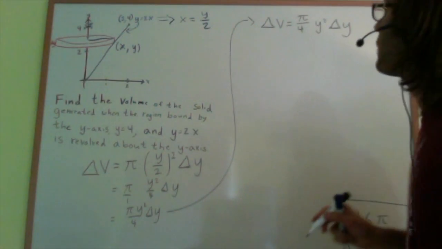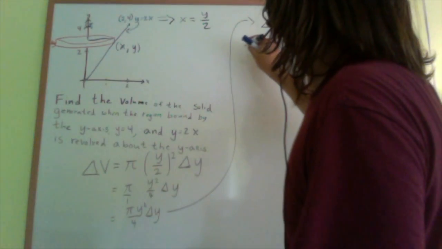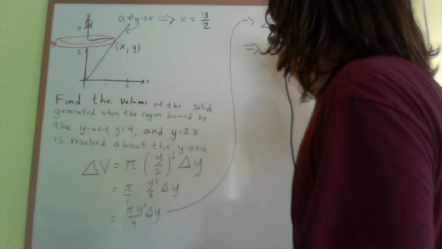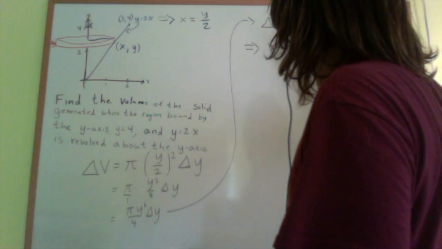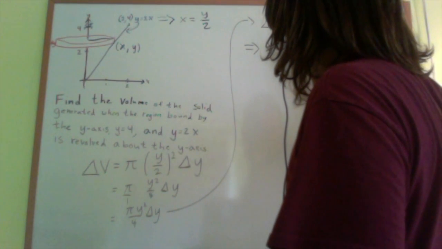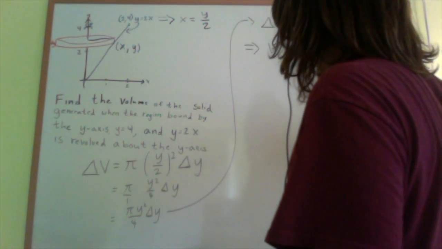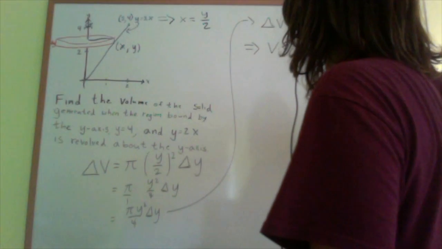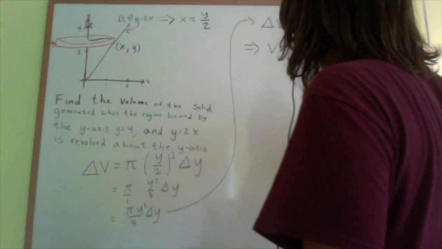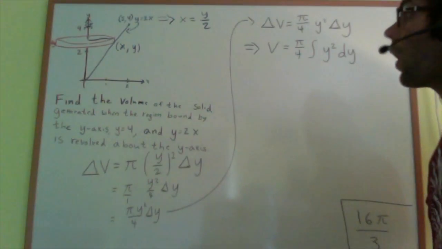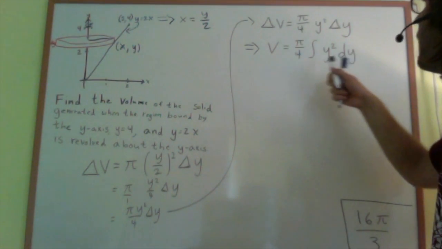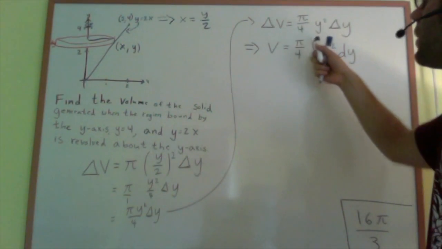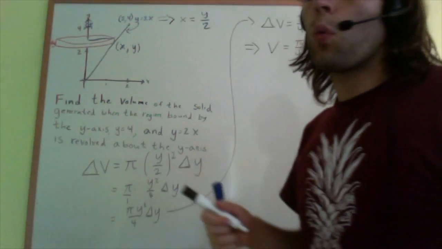Okay, now that we have this, it converts to an integral as so. V equal to pi over 4 integral y squared dy. Alright, and now because this is dy, our bounds of integration need to be written in terms of y.